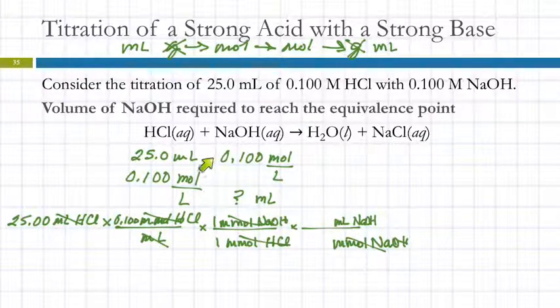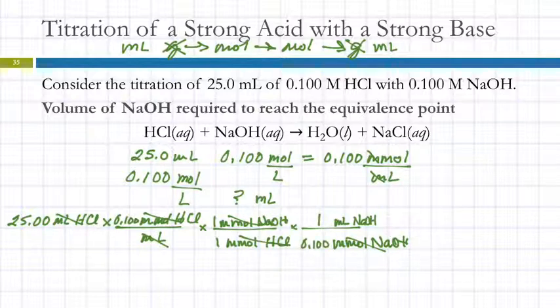So I'm going to use the concentration of the sodium hydroxide. 0.1 moles per liter is the same as 0.1 millimoles per milliliter, because I could just cancel out the millis and it's exactly the same thing, right? So milliliters is on top and 0.100 millimoles is in the denominator.